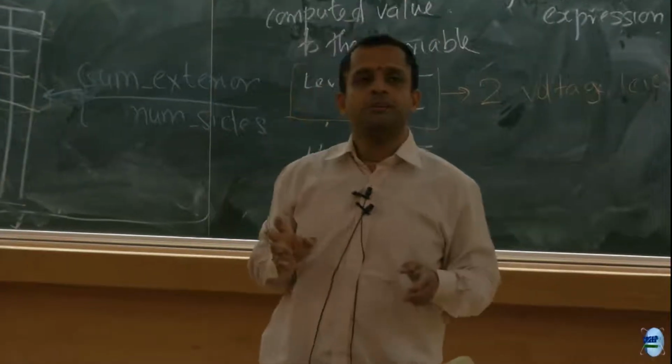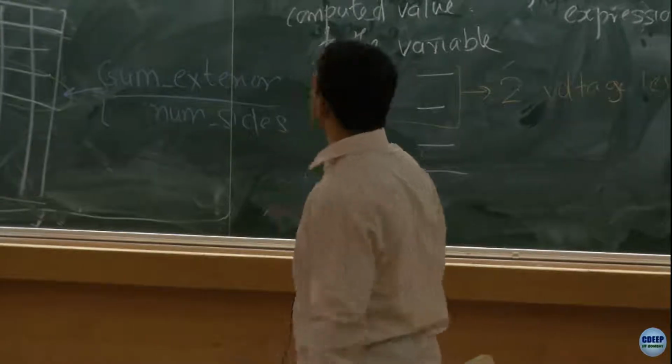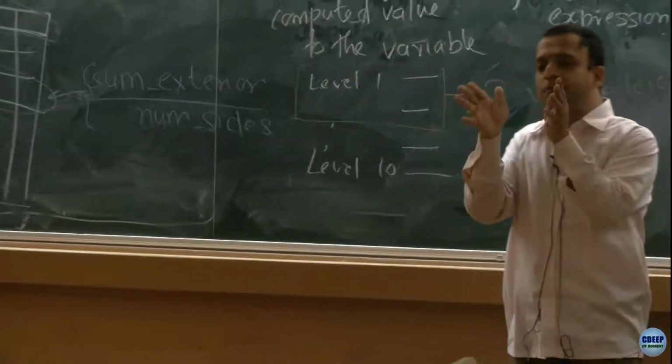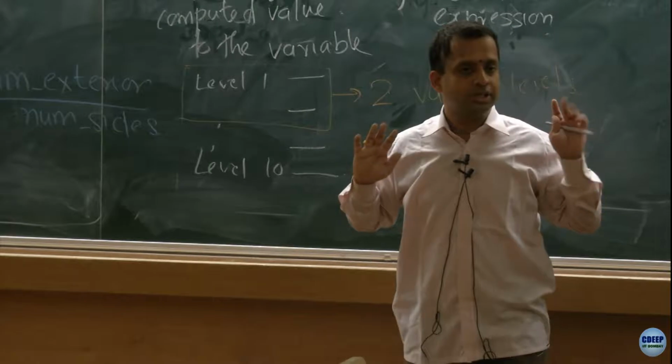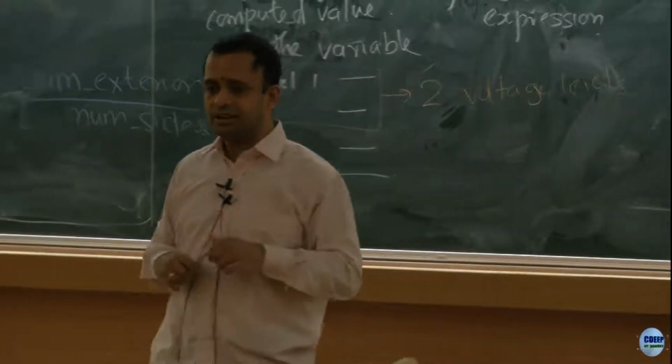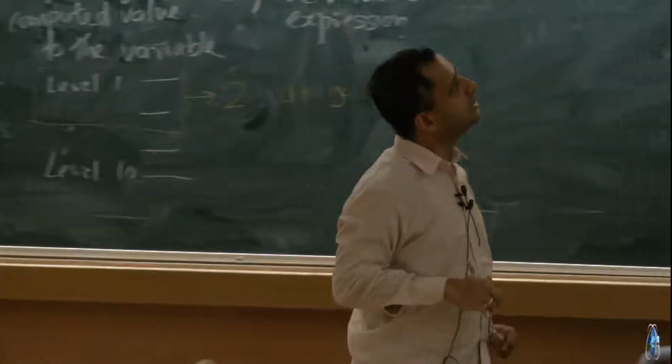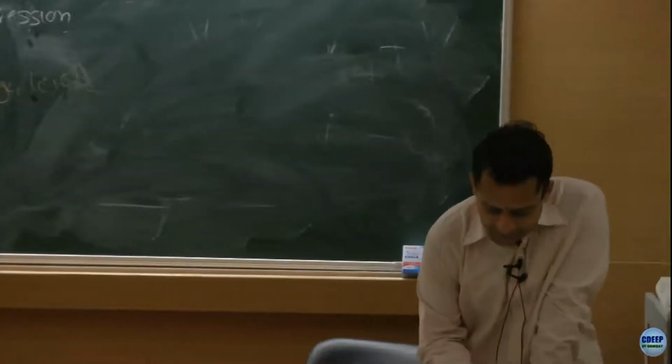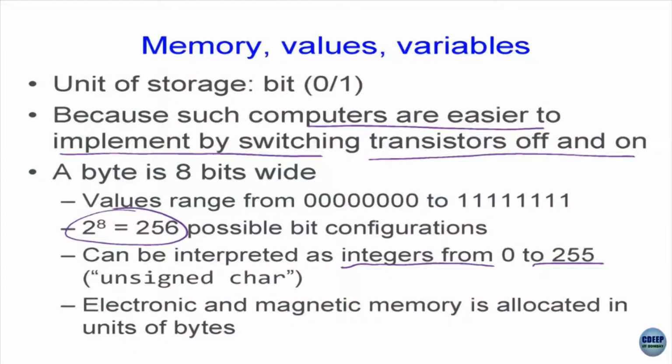So thresholding becomes a challenge if you have many levels. So the idea is to keep as few levels as possible for storage so that we don't have loss of information. Is that clear? Okay, so computers are easier to implement by switching the transistors off and on, and it's largely because of this voltage level business.